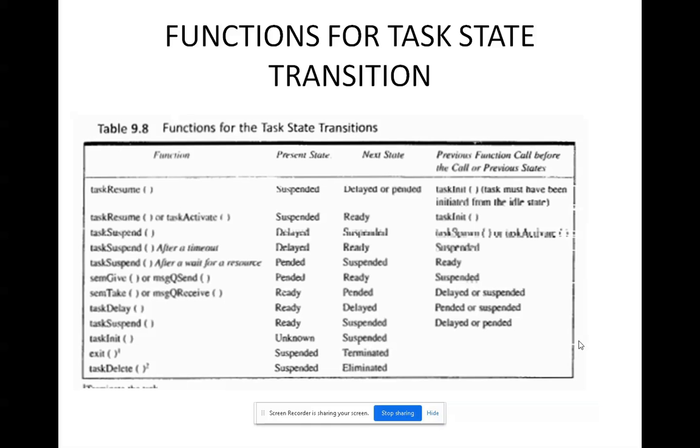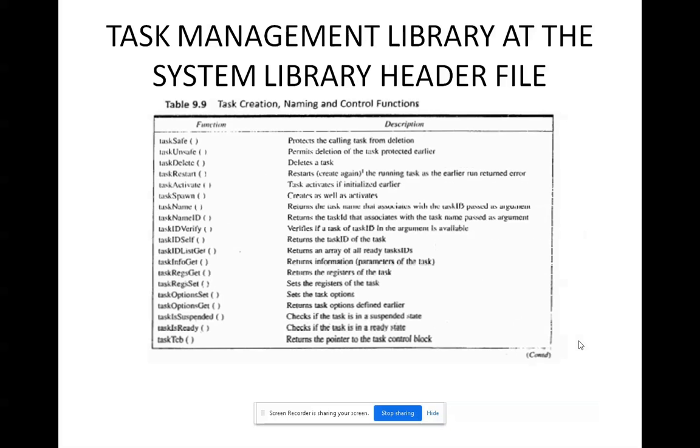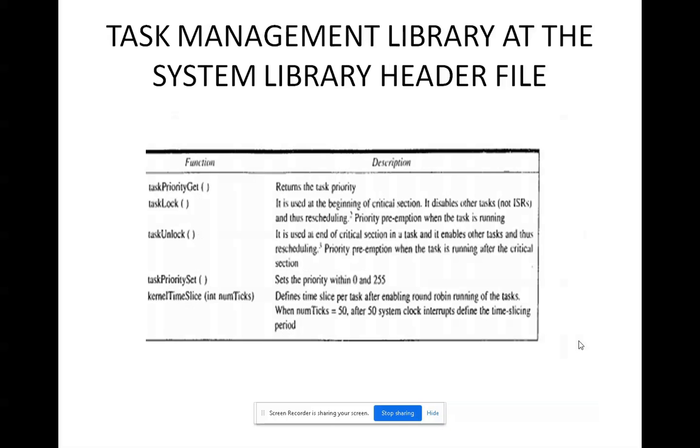All of these come under the task state transition functions. Then the task management library in the system library header file is given here. These are the task creation, naming and control functions. And the task management library header files include task priority get, task lock, task unlock, task priority set, kernel time slice.